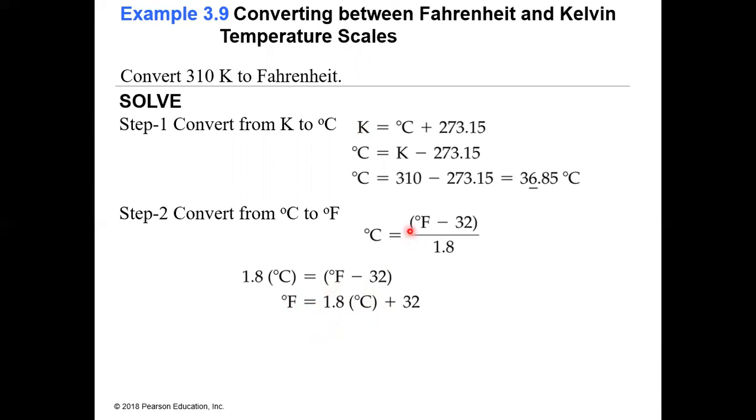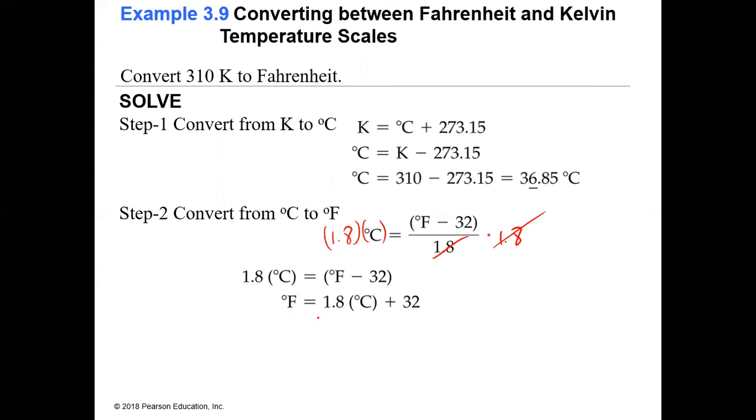We start from this equation, and we multiply both sides by 1.8. So we get 1.8 times Celsius, and the 1.8 cancels out on the other side. Then we add 32 to both sides, so the two 32s cancel out.